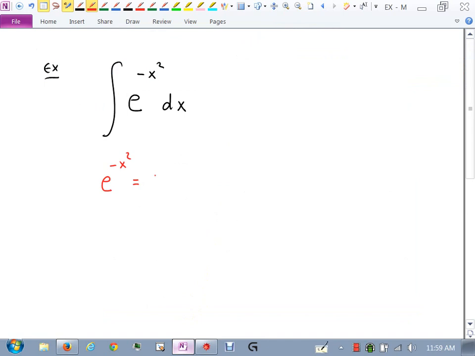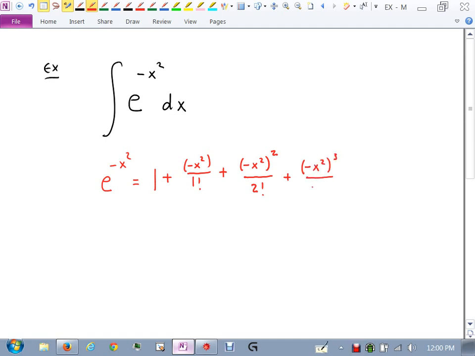This will be 1 plus, what? Negative x squared over 1 factorial plus negative x squared, what? Squared, right, over 2 factorial plus negative x squared, what?